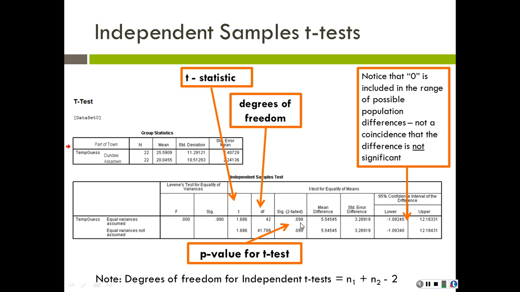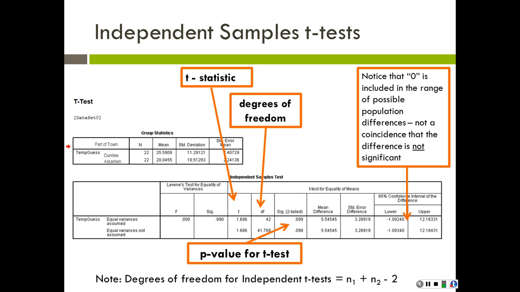And what does this p-value tell us? Is it 0.099? It's not significant because it's greater than 0.05.